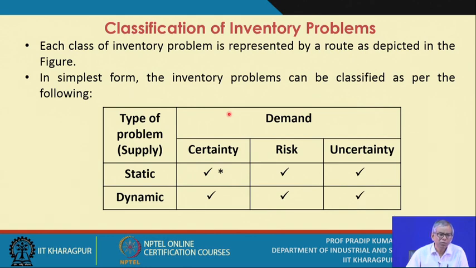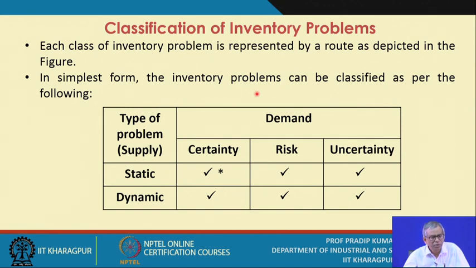When you determine the values of the decision variables in such a way that the total relevant cost of running the inventory system is held at minimum, then we say that I have optimally determined the values of the decision variables: when to order and how much to order. These are the two important decision variables in any kind of inventory problem.